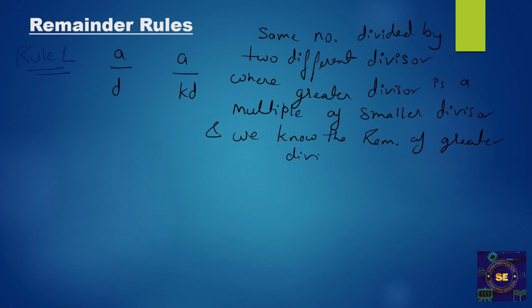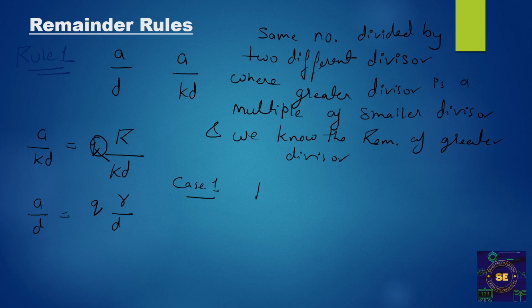For example, let's assume that A divided by KD will give us some quotient Q and remainder capital R, with divisors K and D. So we have to find the small r, where small r is the remainder of the smaller divisor, when A is divided by D. So there are two cases.